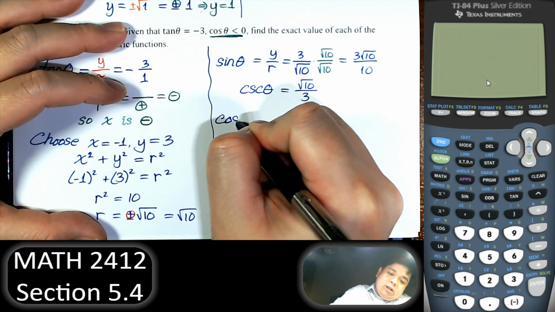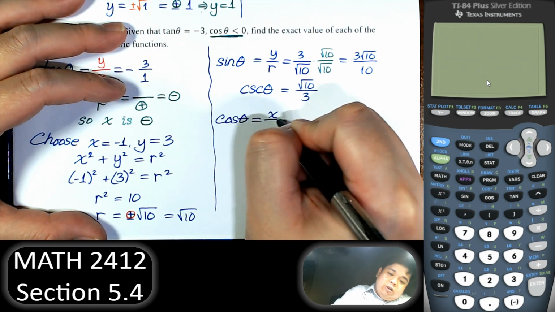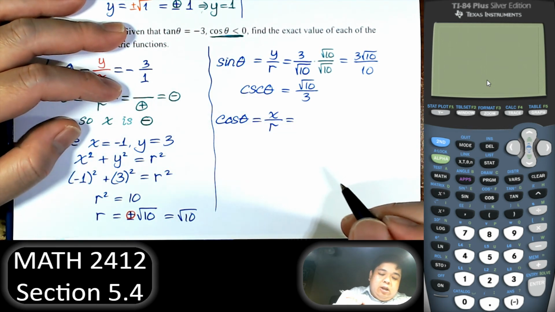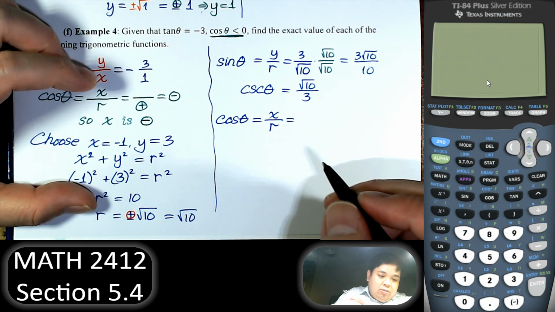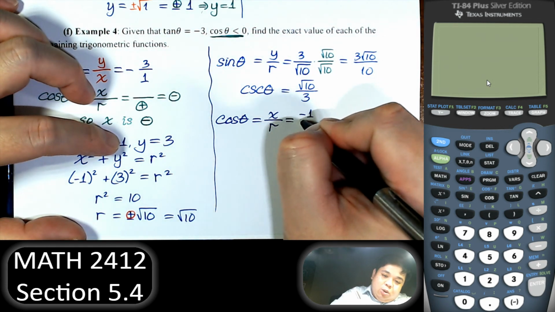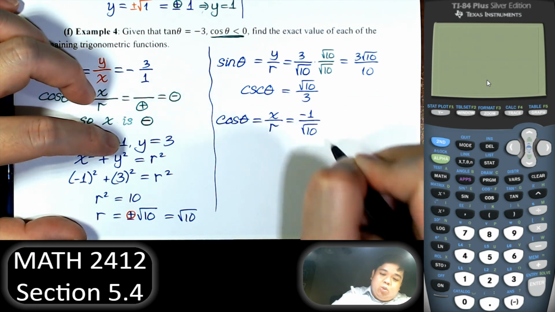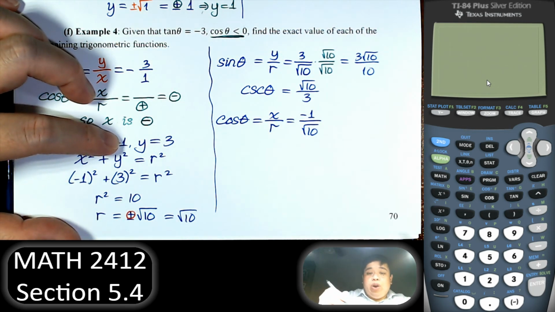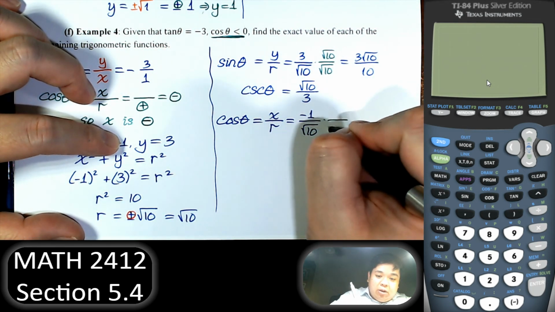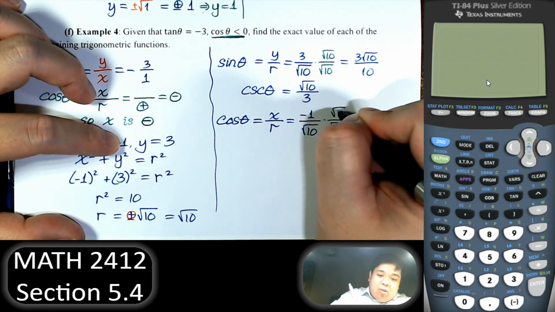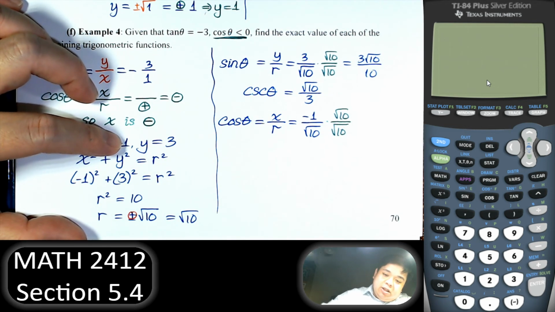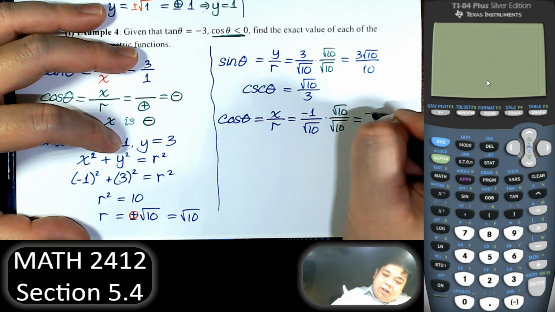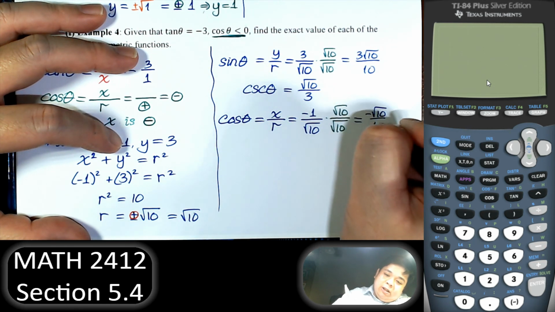Next, cosine is x over r. X is negative 1, over r, square root of 10. Once again, if we don't want square root of 10 at the bottom, multiply top and bottom, which gives us negative square root of 10 over 10.